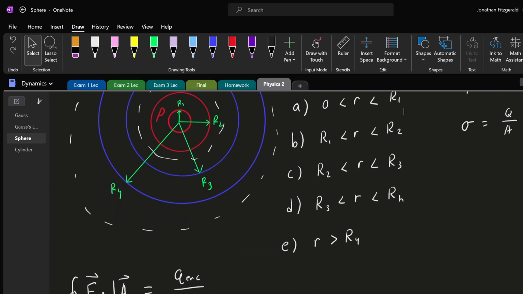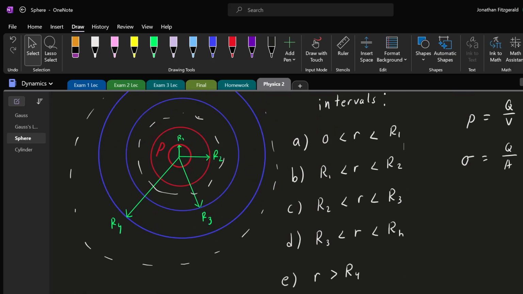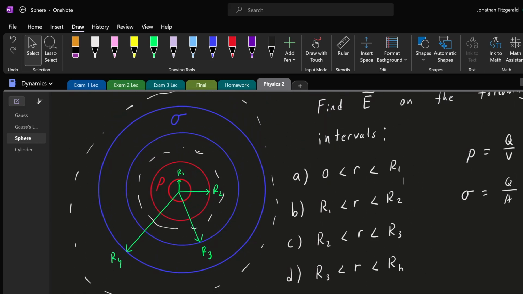So now we just need to know how to get charge out of sigma. Before, we said that rho times V equals Q. Now sigma times A is going to equal Q. So we just need to multiply the charge density times the area on which the charge density exists.